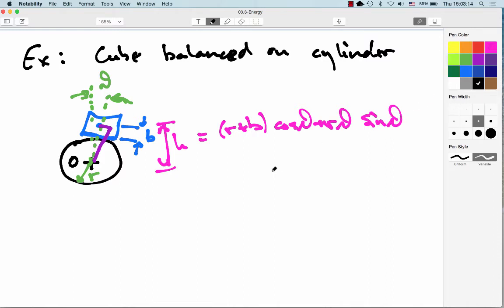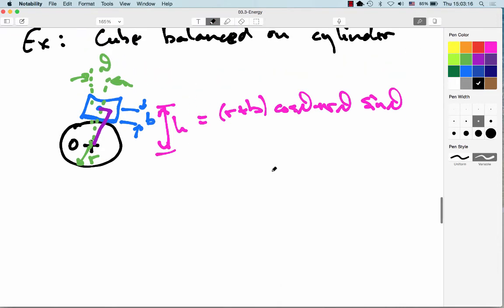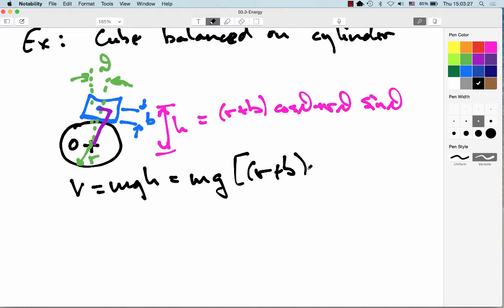So with that, then we can go ahead and write the potential energy of the system. The potential energy is mgh. Okay, let's write it more complicated. mg times r plus b cos theta plus r theta sine theta, like so.